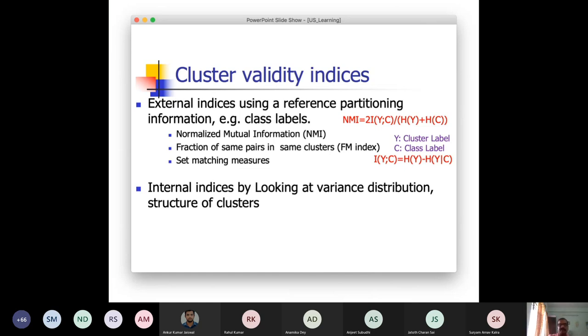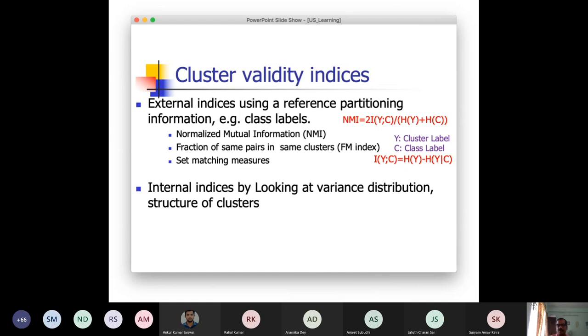There is another way of evaluating this kind of clustering, called the FM index. What it does is simply compute the fraction of same pairs in same clusters. If there are n samples, you can consider n choose 2 pairs.